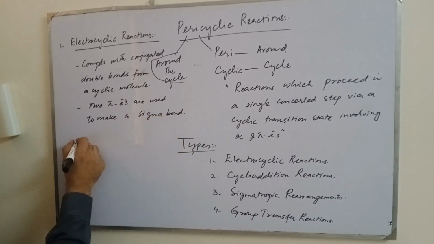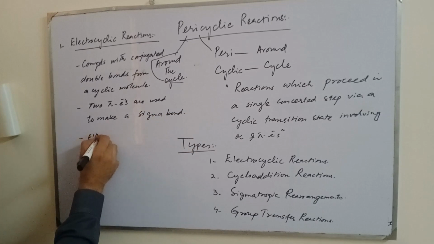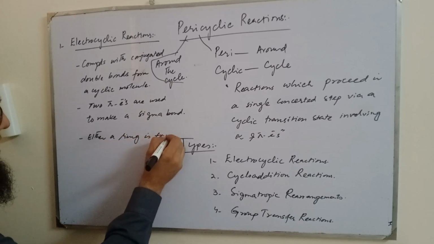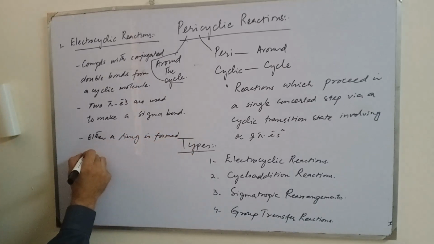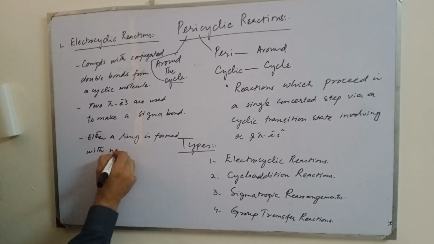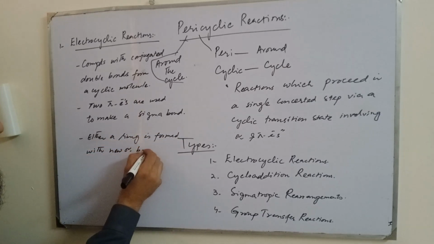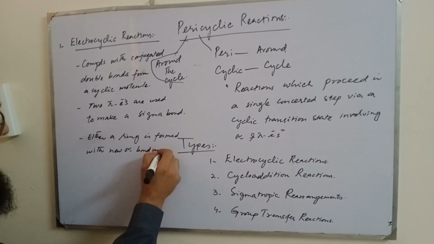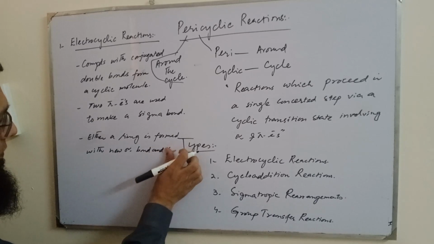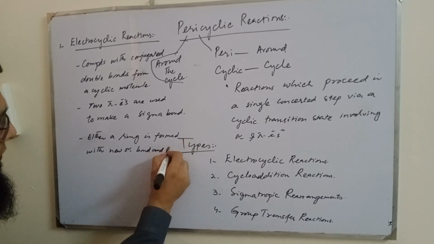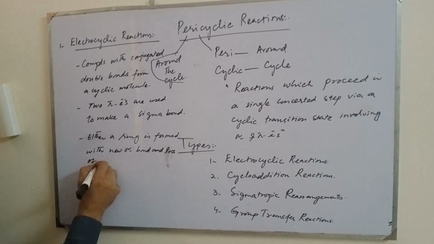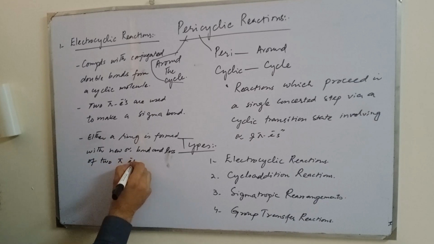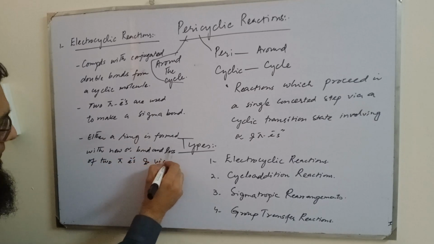Either a ring is formed with a new sigma bond and loss of 2 pi electrons, and vice versa.